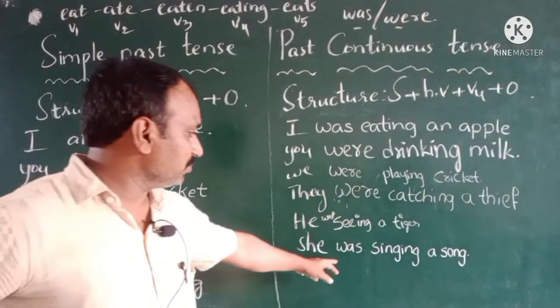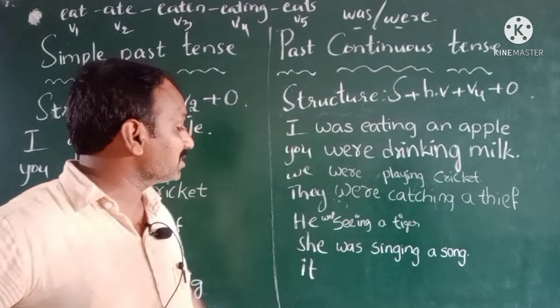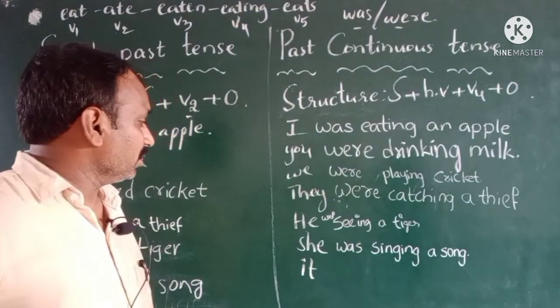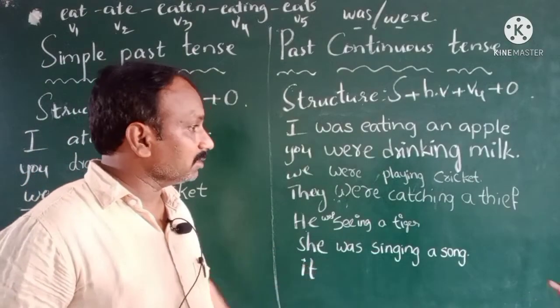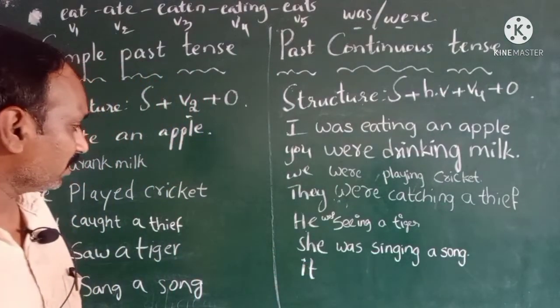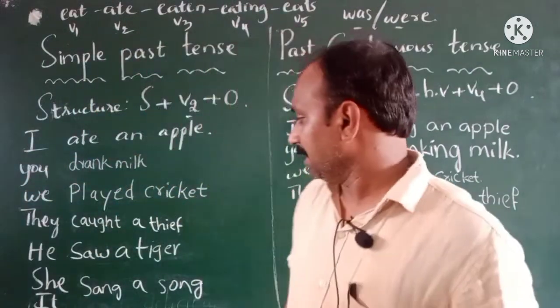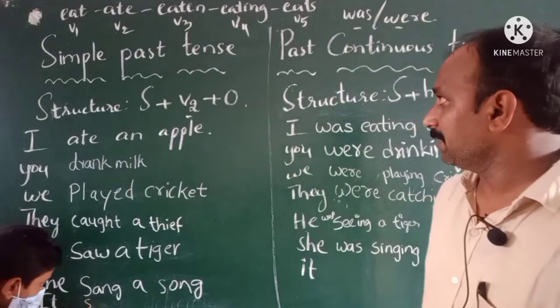So why did you write here she was singing a song? Why didn't you write she were singing a song? It will be wrong, sir. It is not suitable. Not agreeing with verb. Yes, very good. Subject is not agreeing with the verb. Therefore, you used only was here. Very good. Next, write an example, Ishwar Chandra.